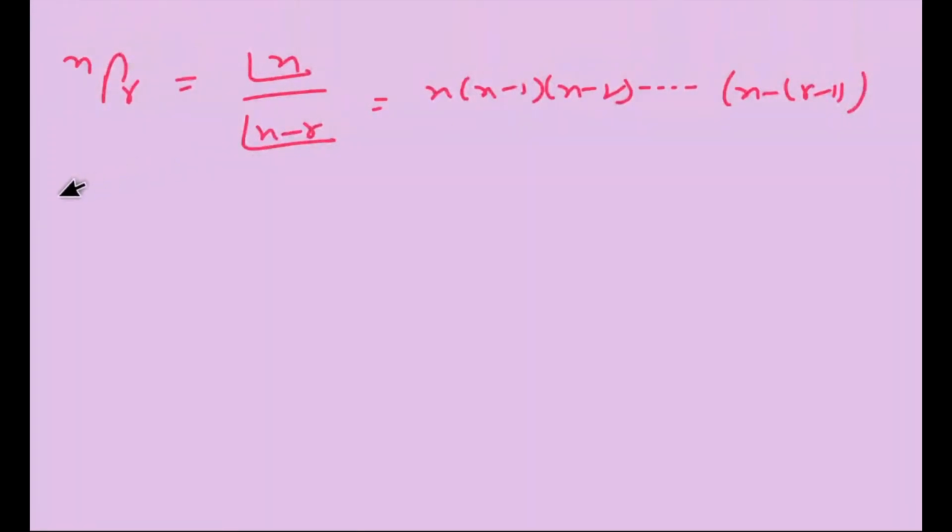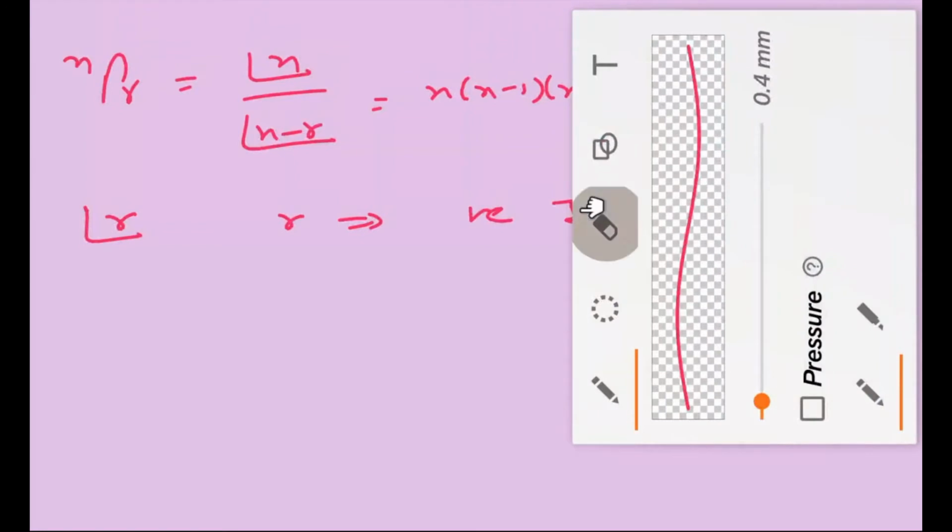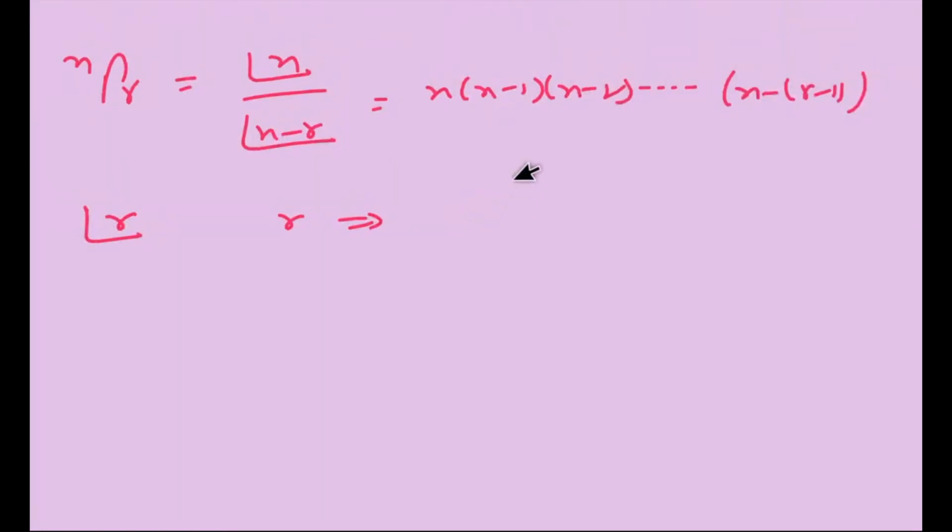Okay, students. Now, in the factorial, r is always a positive integer, and it can also be 0, but it is not negative. Positive integers, or we can say r is a whole number.